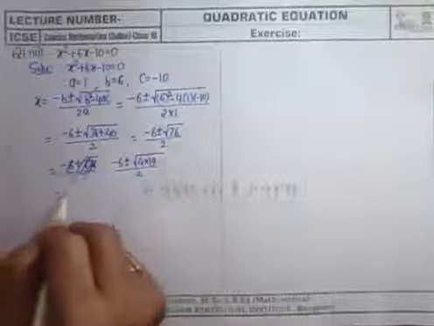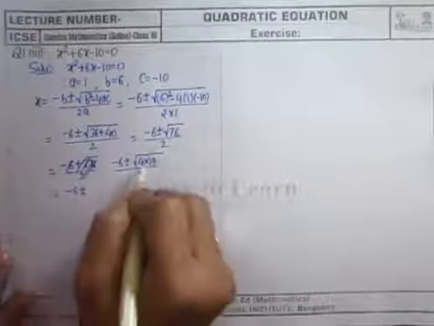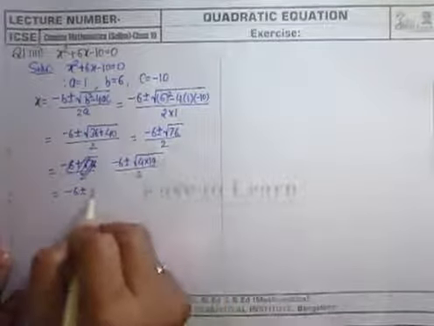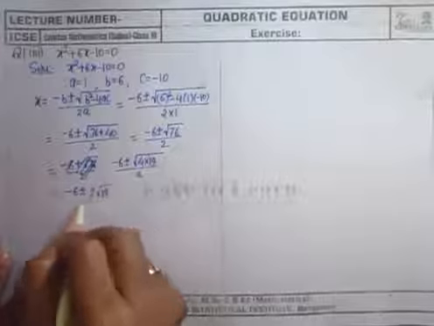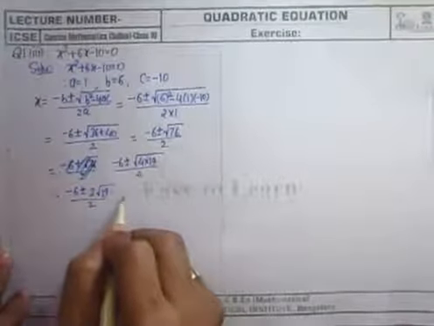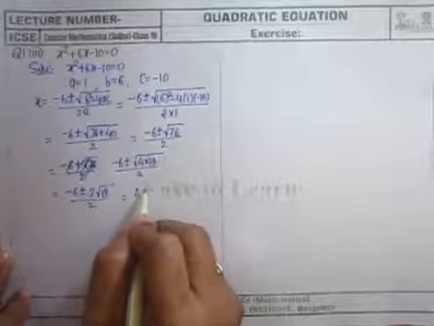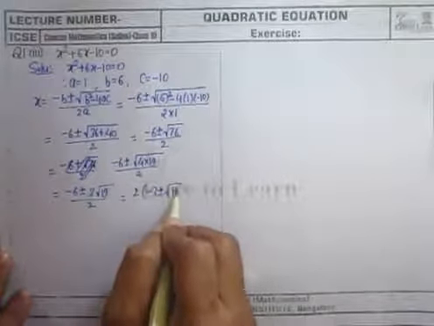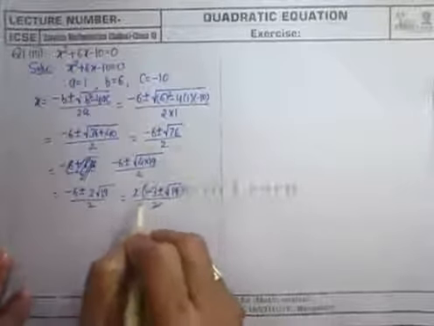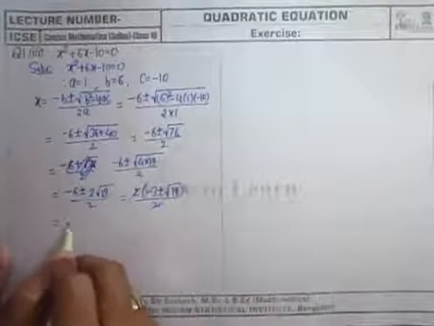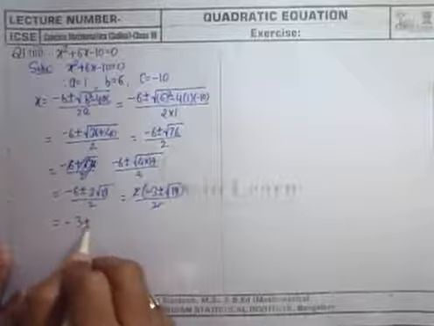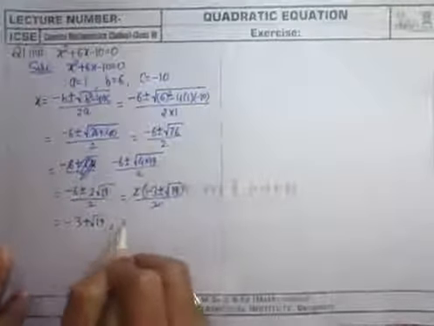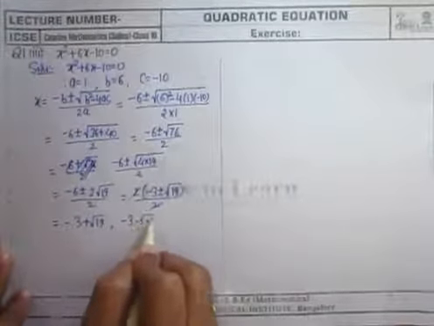So we can write the answer as minus 6 plus minus, and the square root of 4 is 2, so 2 root under 19 by 2. Take 2 common, so minus 3 plus minus root 19 by 2, 2 cancels, so one answer will be minus 3 plus root 19 and the other answer will be minus 3 minus root 19.